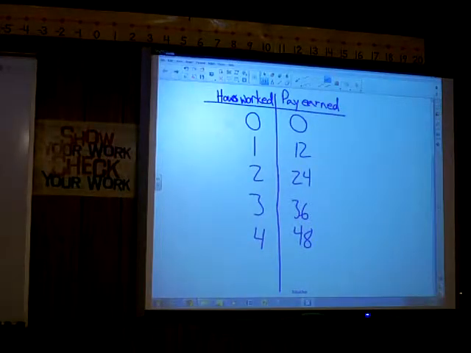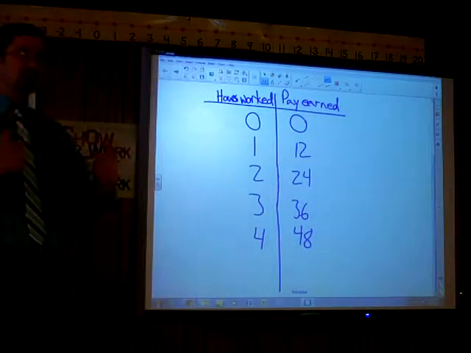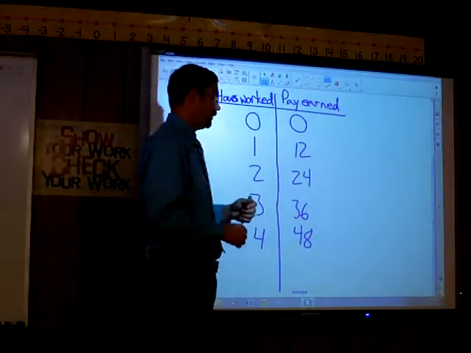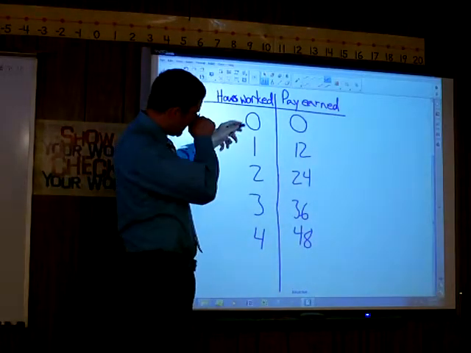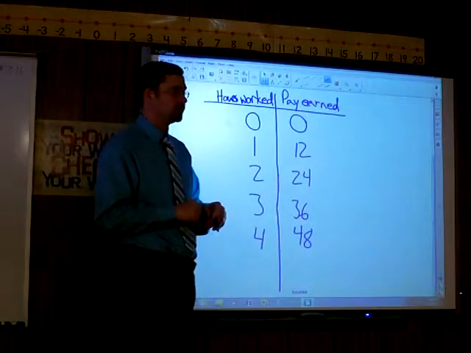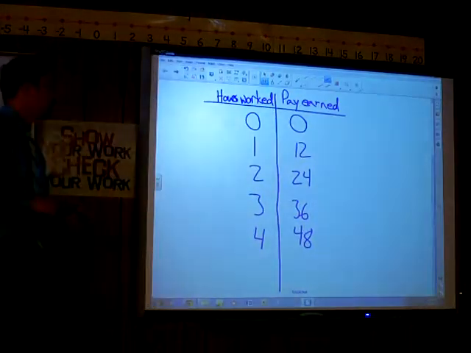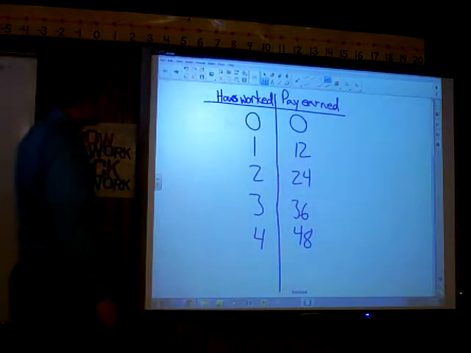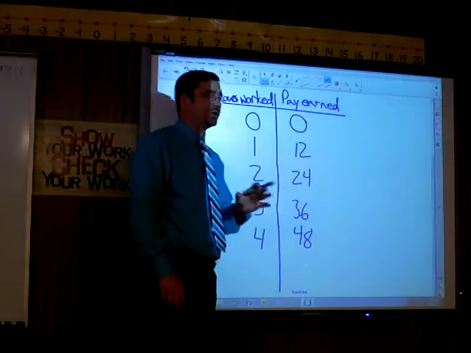There's a constant proportion there. And notice both of them are increasing. Okay? Both of them are increasing. So this is increasing, my pay increases. This is what's called directly proportional.